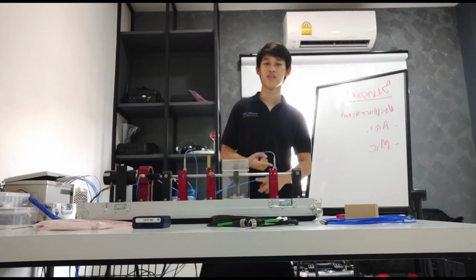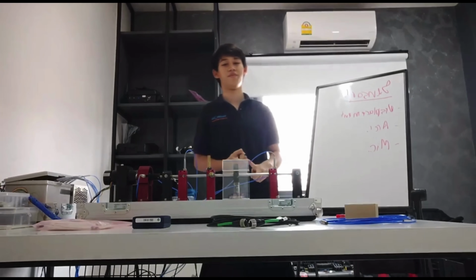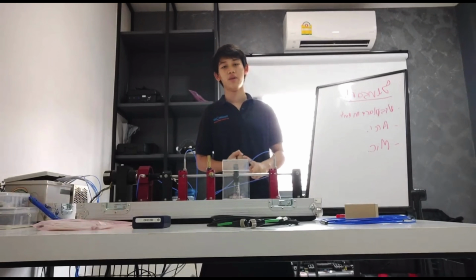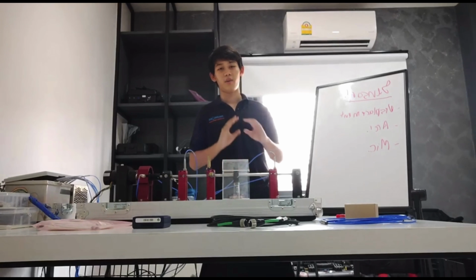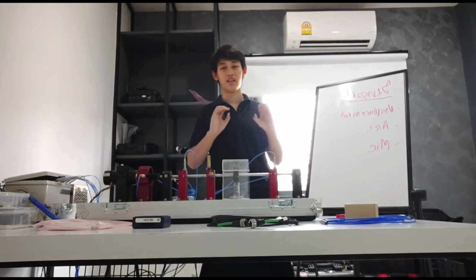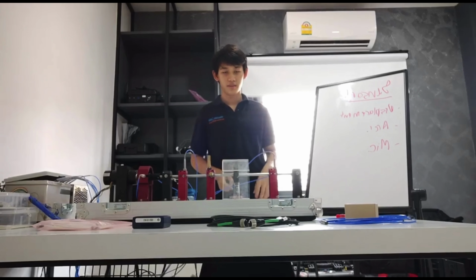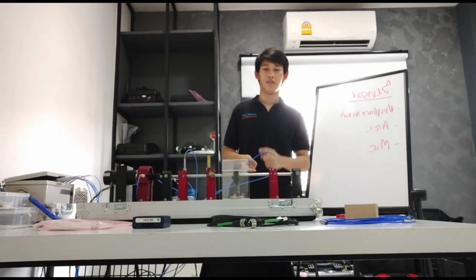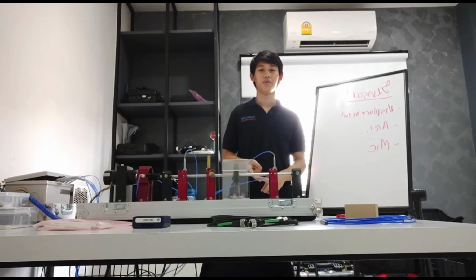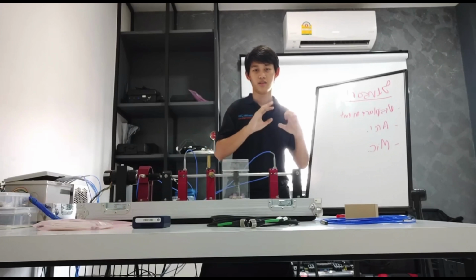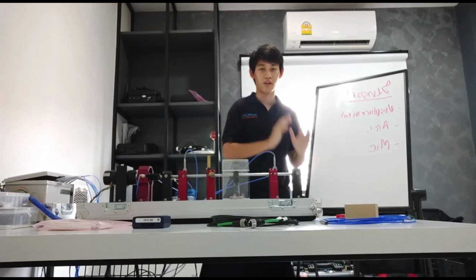With the acceleration sensor, you measure the value and it comes in the unit of acceleration. To make it into velocity, you integrate it, using the process of integration to get the velocity value.